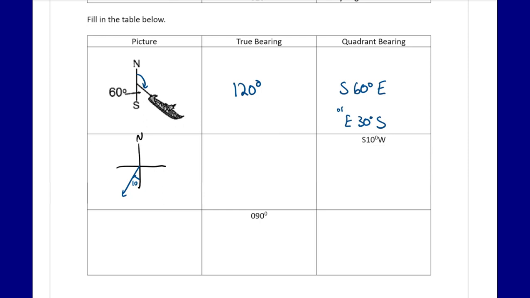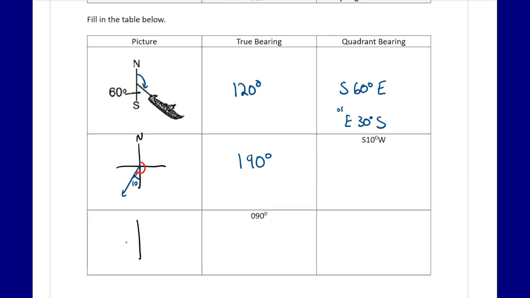If I wanted the true bearing, that is going from north clockwise all the way to that point. So that would be 180 plus 10, so this would be 190 degrees.